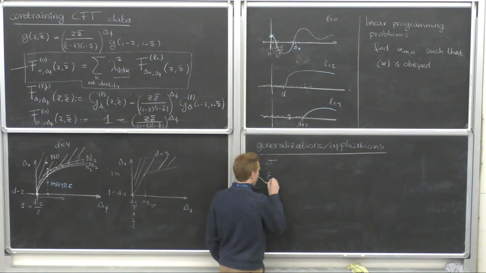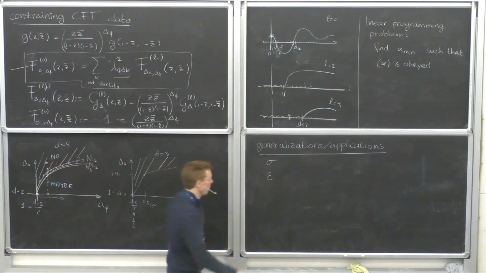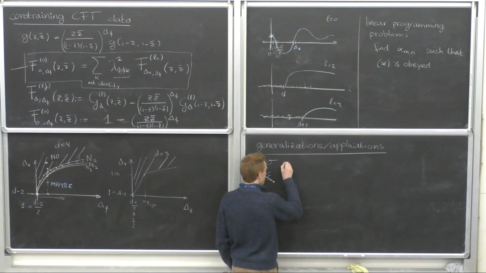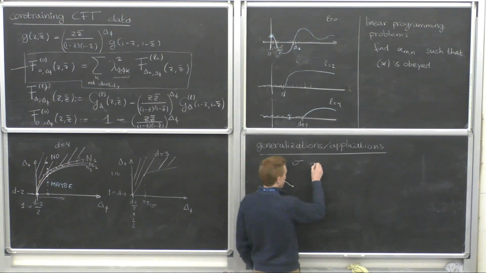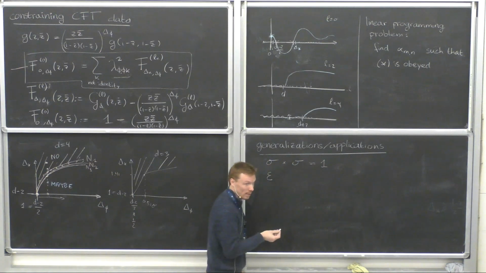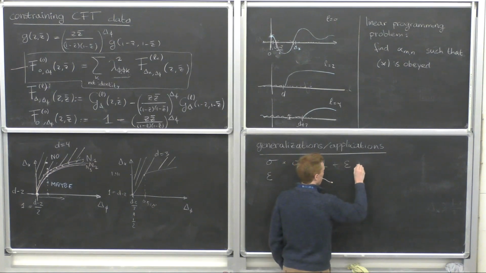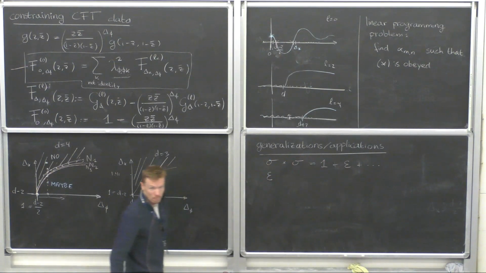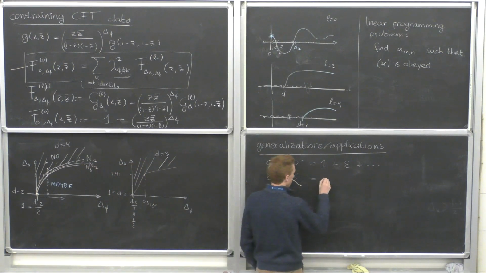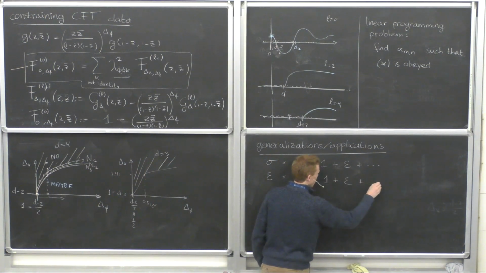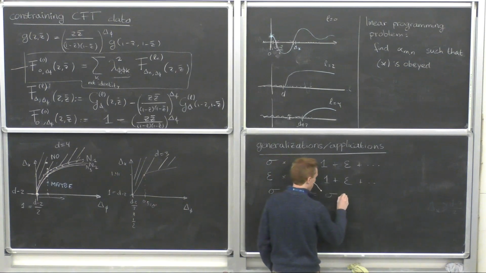One is Z2 even, one is Z2 odd, and I'm going to call them sigma and epsilon. What this Z2 symmetry says is that in the operator product expansion of sigma with itself, there must always be the identity, but sigma itself does not reappear. So only epsilon can appear. In sigma times sigma, you get 1 plus epsilon plus dot dot dot. In sigma times epsilon, you get sigma plus dot dot dot.